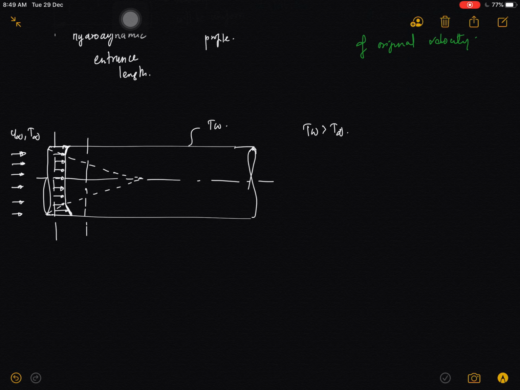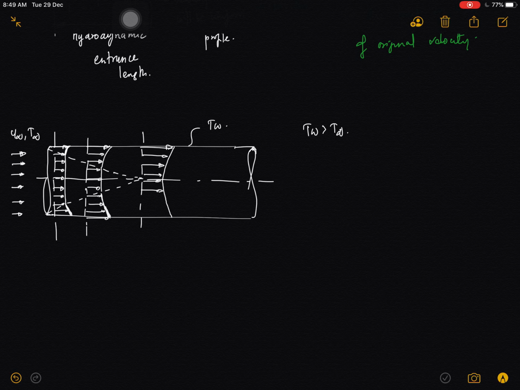And then if we move along the length, here we can see there is a more elaborate region of temperature variation, and there is a smaller region with constant temperature. This is the temperature of the fluid, and this is the temperature variation in this region. Beyond the length at which the boundary layers meet, we have a temperature profile like this.